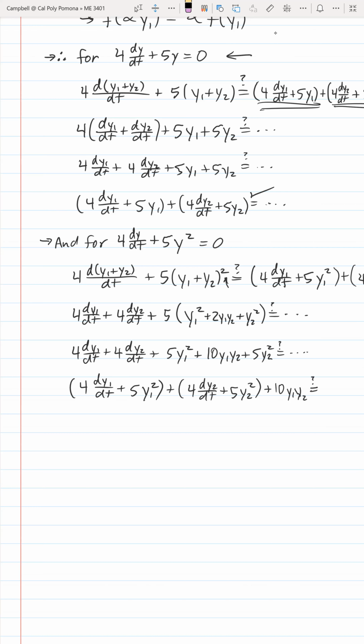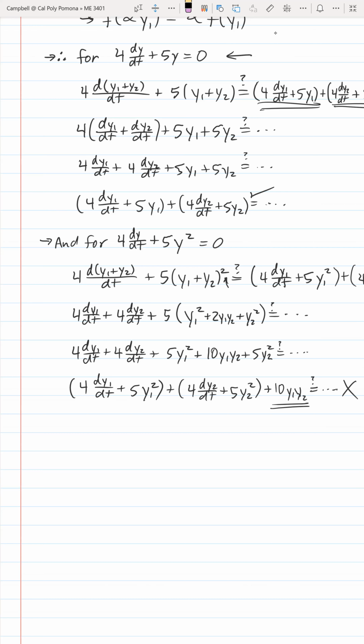y1 times y2. And so that doesn't work out, which is exactly what the definition of a linear differential equation indicated. If we have a y squared, clearly that's not going to work out. That's not going to be a linear differential equation, and we can clearly see that that's the case here. Now, this is, of course, taking y and breaking it up into two other functions, y1 and y2.